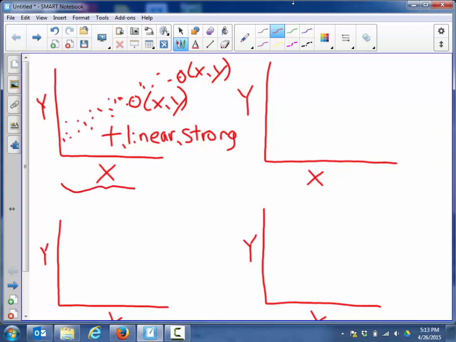Remember too that x is always your explanatory variable, y is your response. If you were asked to build a scatter plot of data, you need to be smart about which variable would explain the other.